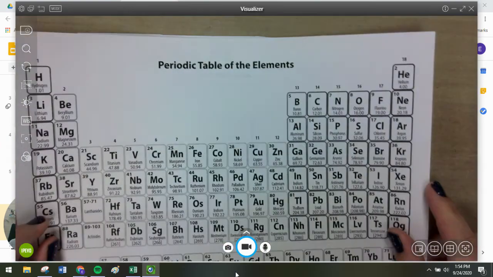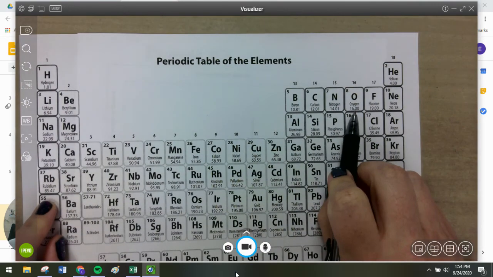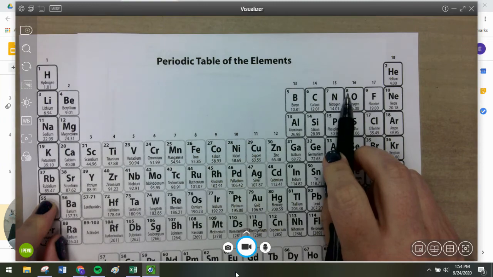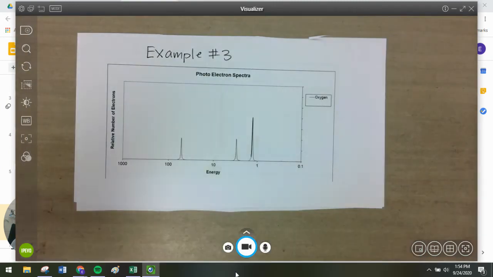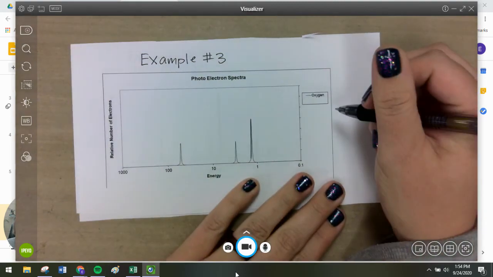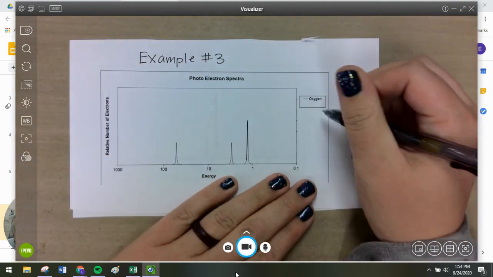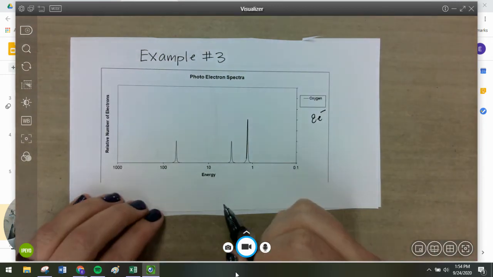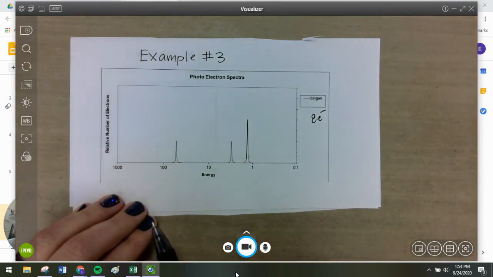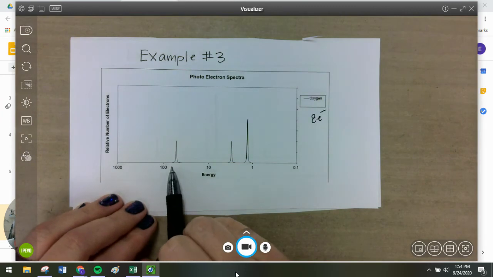All right, oxygen. Atomic number 8 here. So 8 for our atomic number means that we have 8 total electrons. Our closest peak to the nucleus, or our closest shell to the nucleus, is represented by the highest energy.